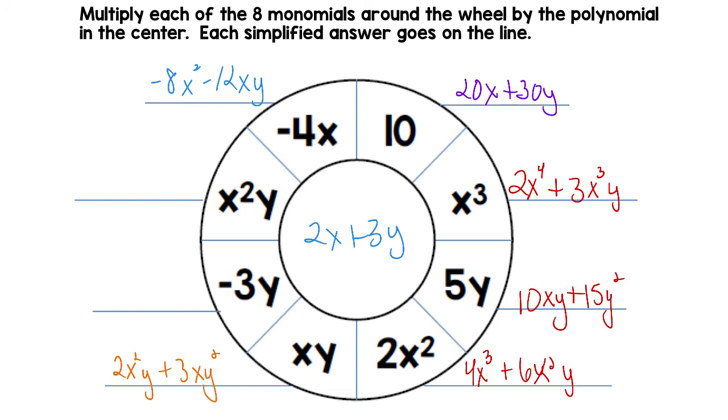Negative 3y times 2x, negative 6xy. Negative 3y times plus 3y, minus 9y squared. Last but not least, 2x times x squared y is 2x cubed y. X squared y times 3y, plus 3x squared y squared.